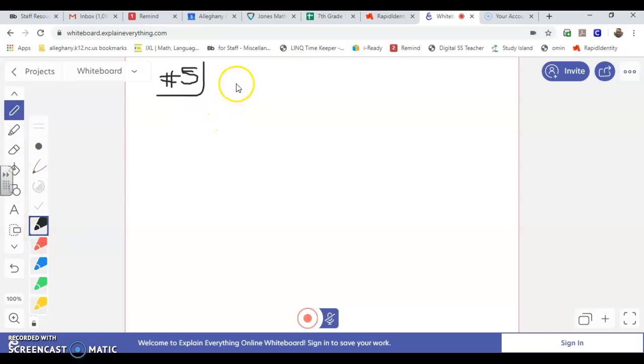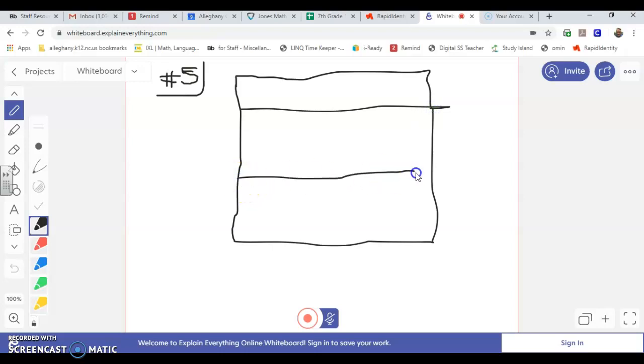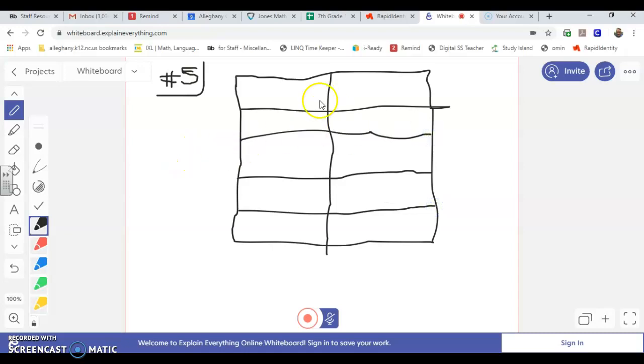Alright, so let's do our chart. Something like that. And then we had 4 rows, not counting our top. And this is always your X values. This one's always your Y values. And this was cookies. Cookie Monster loves cookies.